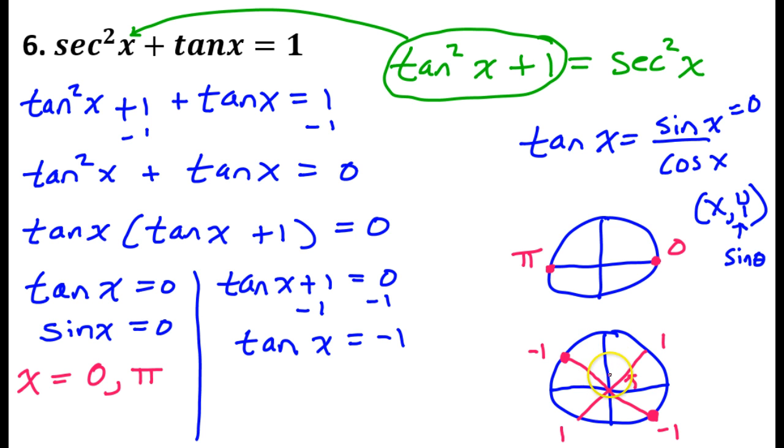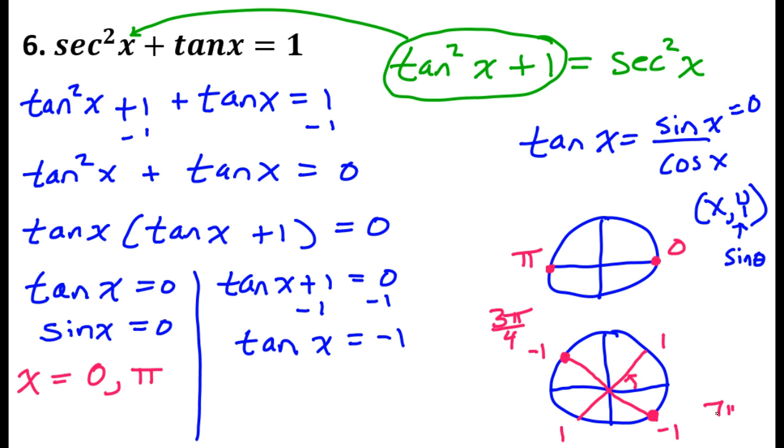Okay, so let's see. This is 1 pi over 4, 2 pi over 4, 3 pi over 4. So this angle right here is the angle 3 pi over 4. Let's keep going. 4 pi over 4, 5 pi over 4, 6 pi over 4, 7 pi over 4.